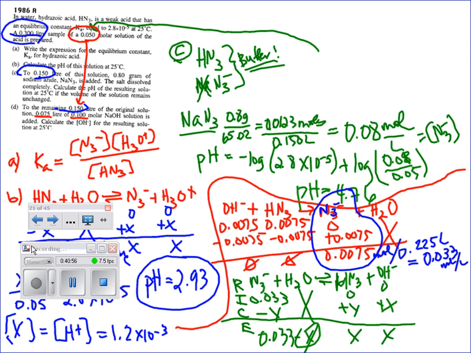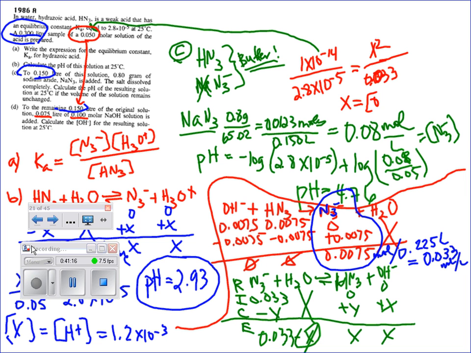So now I'm going to set this up where I have 1 times 10 to the negative 14th divided by that Ka they gave us of 2.8 times 10 to the negative 5th is equal to x squared over 0.033 minus x. I can drop the x in the denominator because it's negligible.